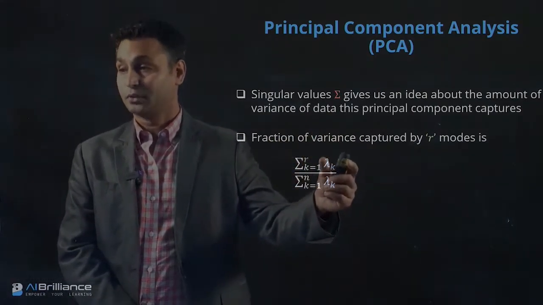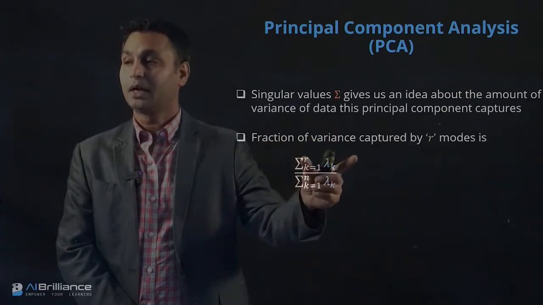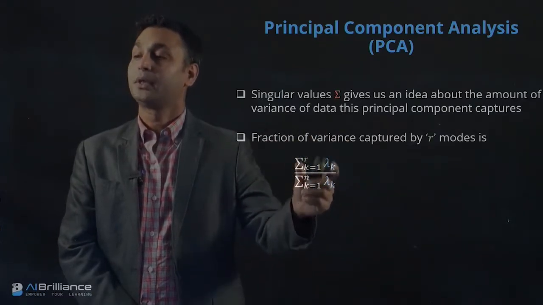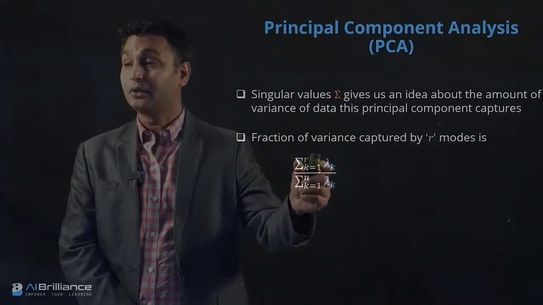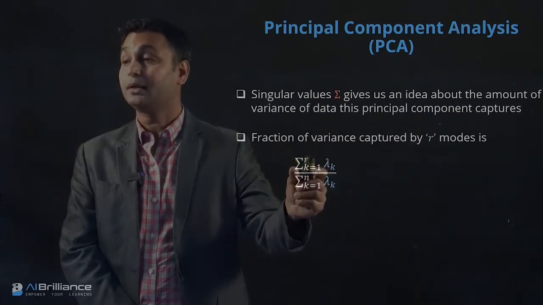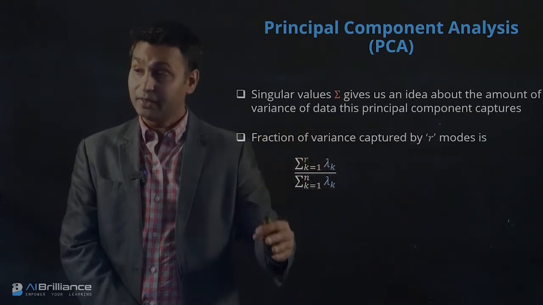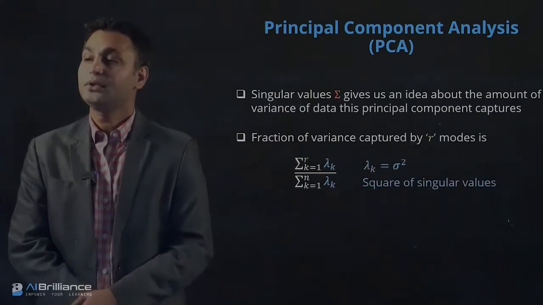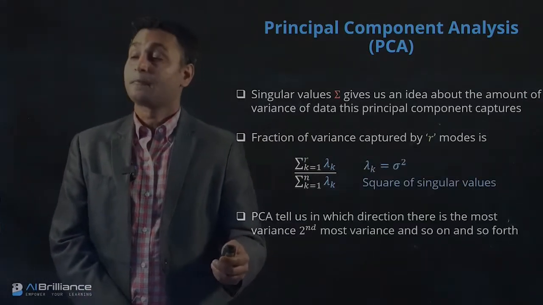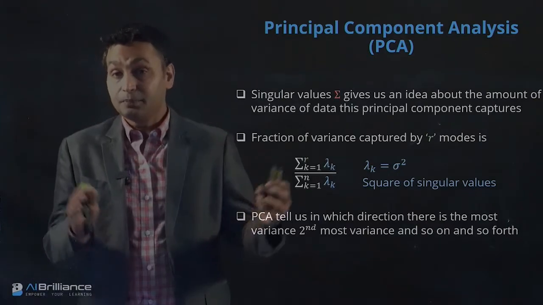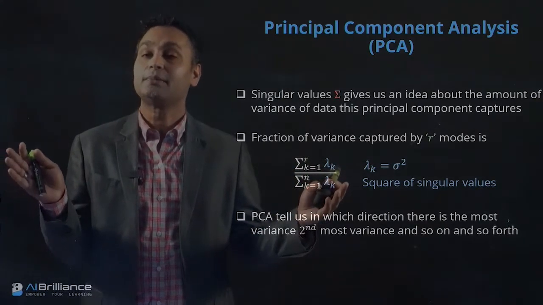We know the values of the singular values, and we can sum from k equal to 1 to R and from k equal to 1 to N, and find this ratio. We can use this ratio to find out the 90% variance, if you are interested in capturing 90% variance.